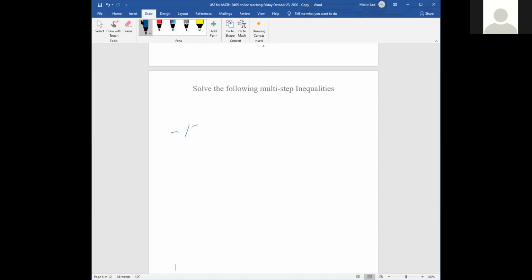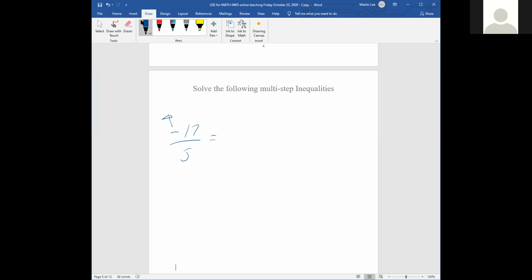So if I have negative 17 over 5, set aside the negative sign for a second.